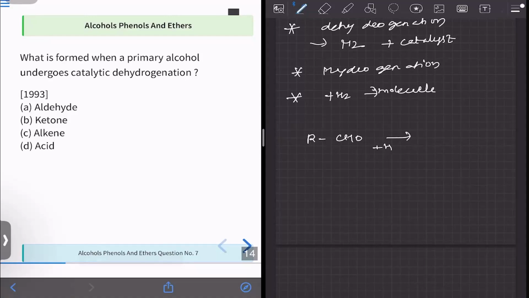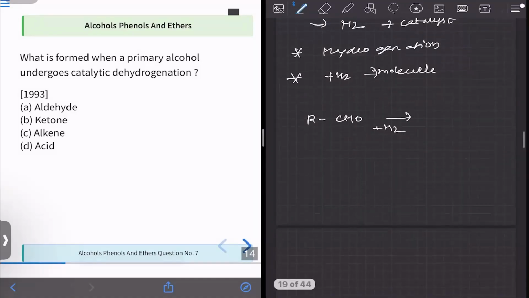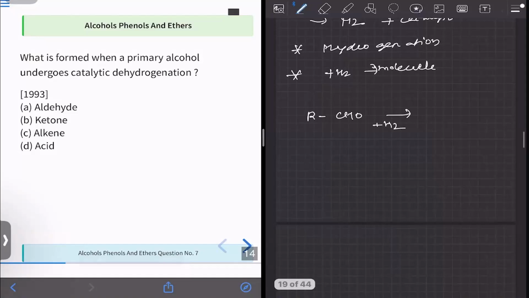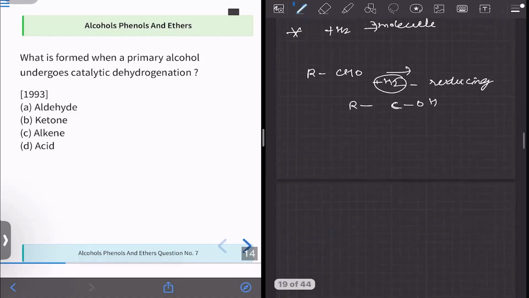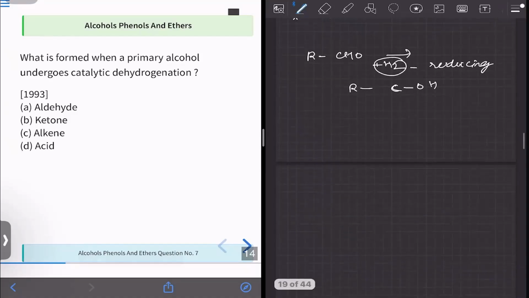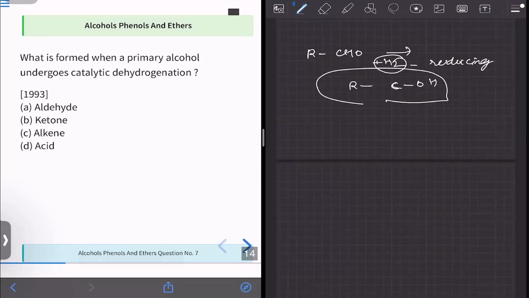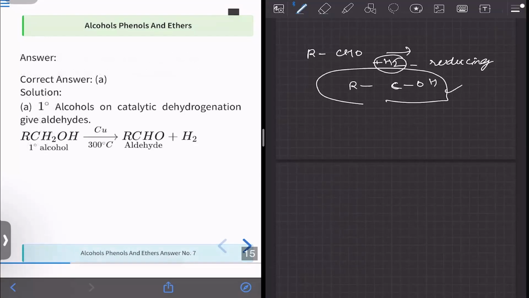Whenever it reacts with H2, it produces ROH. It acts as a reducing agent. So it produces primary alcohol.